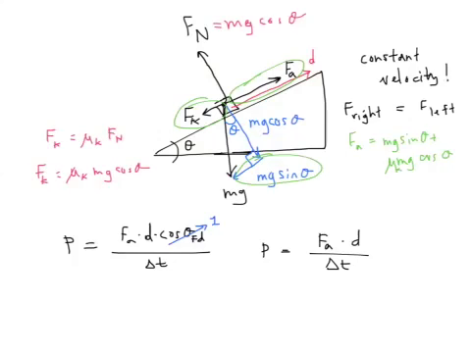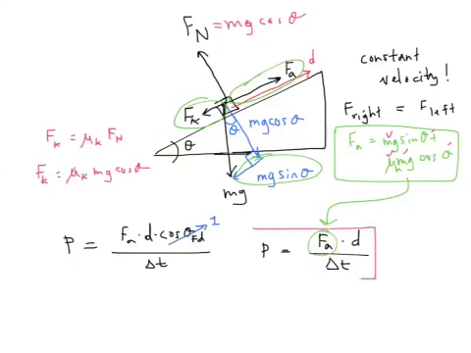This theta here. So you can use that equation in problems with power as well to find the applied force when you're given m and mu and theta. You can find the applied force and find the power developed by the applied force as it moves the block some distance d over some period of time t.